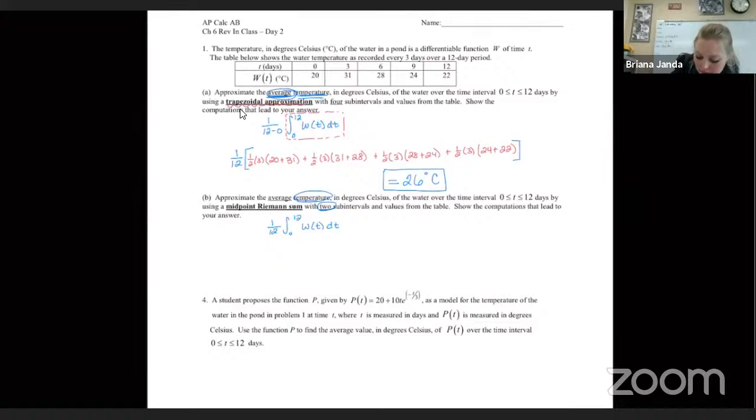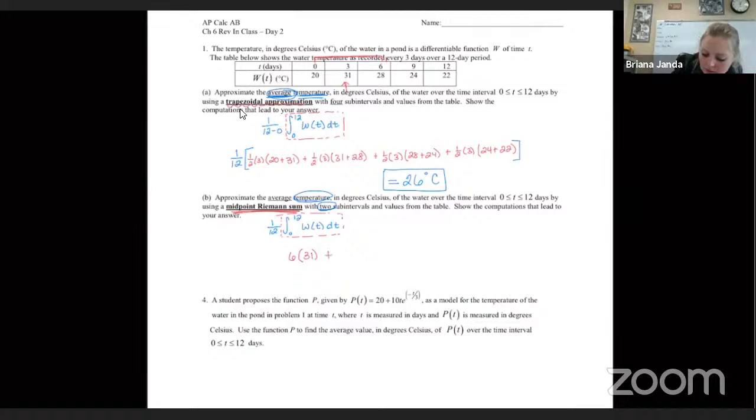And again, to approximate, this time we're going to use a midpoint Riemann sum, but only 2 subintervals, which means that my first subinterval is going to go from 0 to 6, midpoint here. And so the length of that base would be 6, and the height, we use the middle value's height of 31.